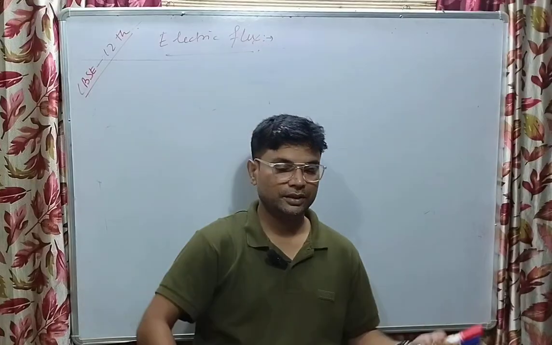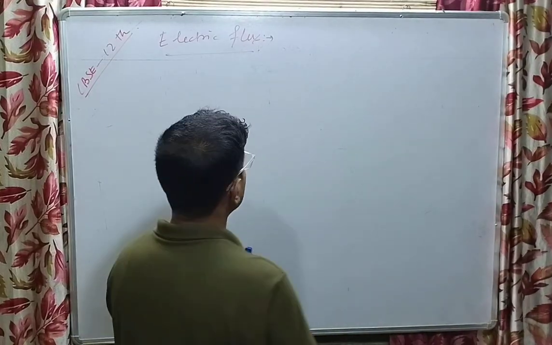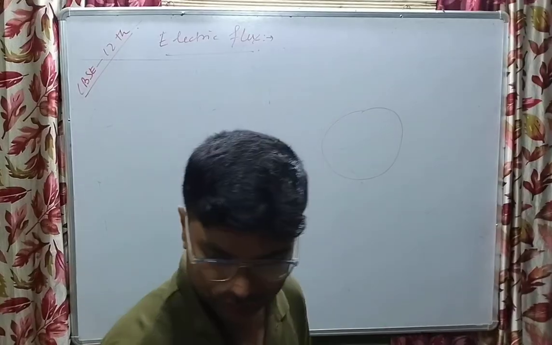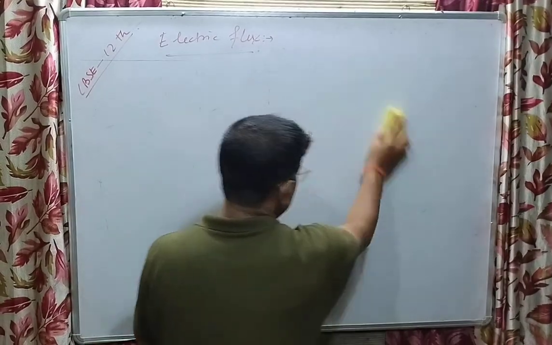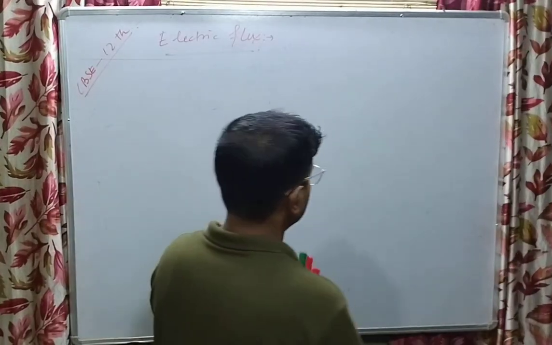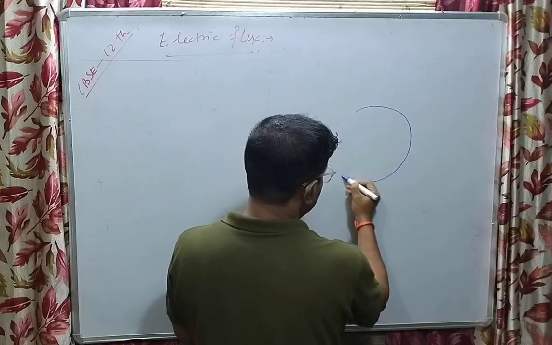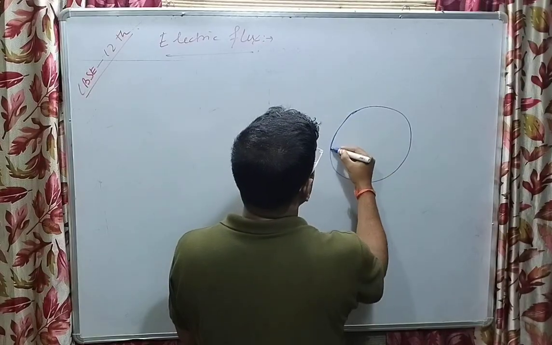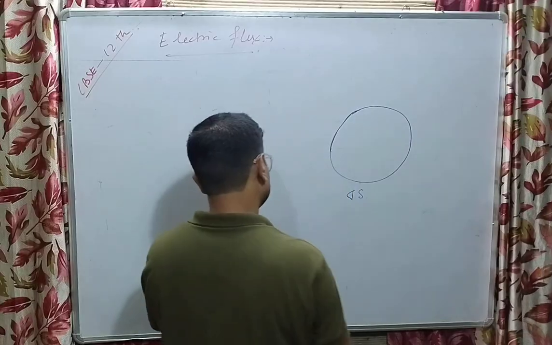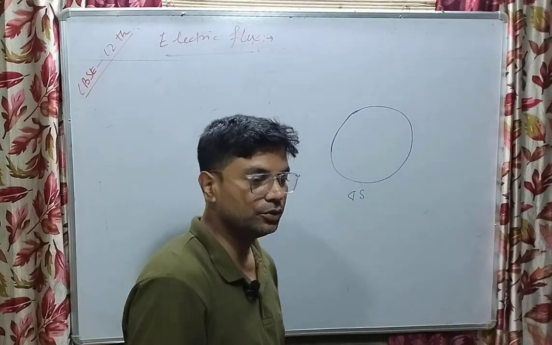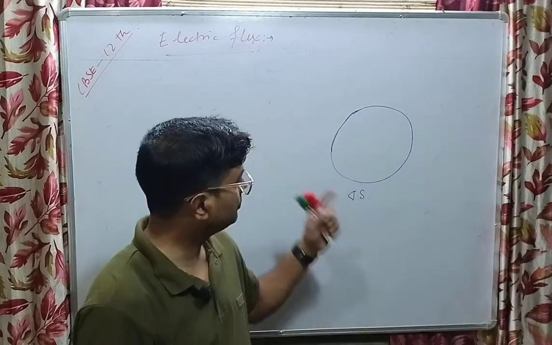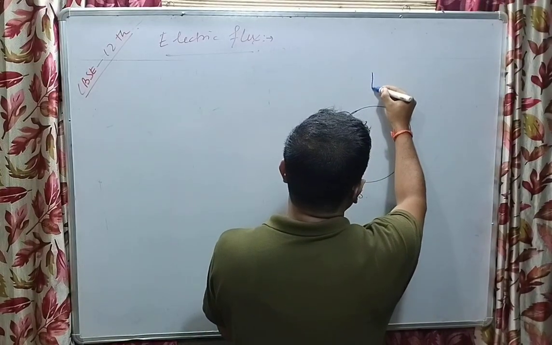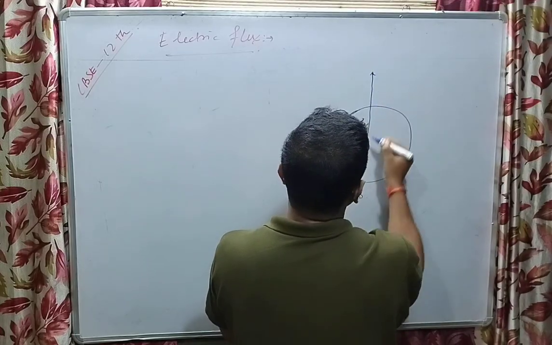Before that, I am going to consider a surface of area delta S. Suppose, students, here is a surface of area delta S. To obtain the electric flux, I need to draw a positive normal to the surface.